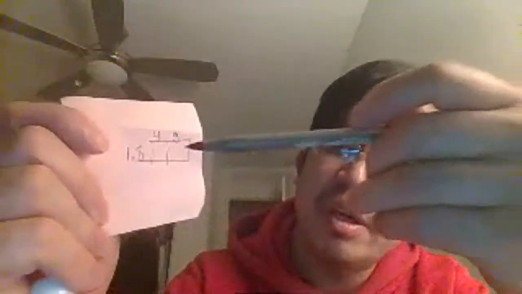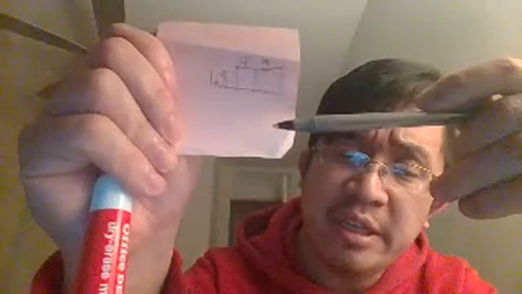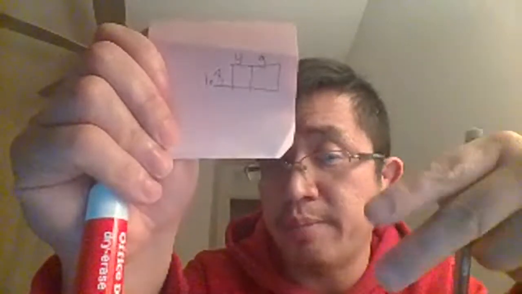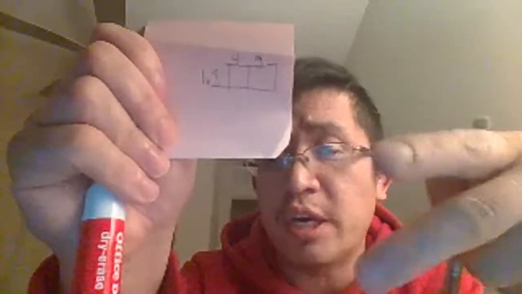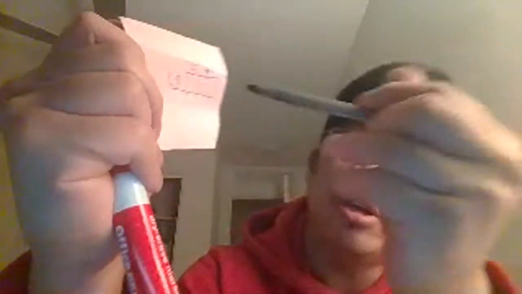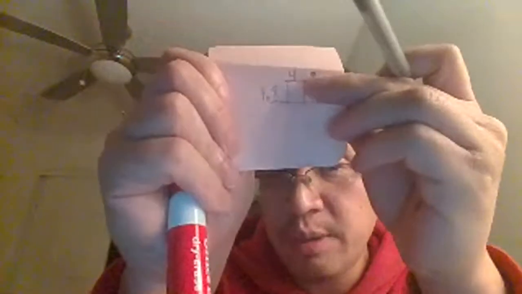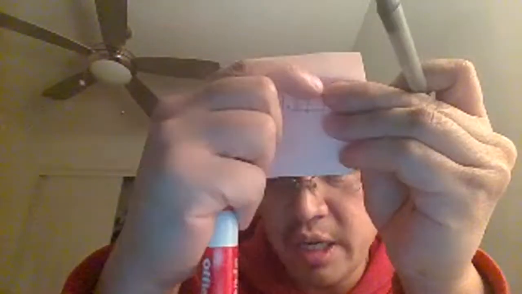So check this out. When we do these problems, the parentheses means we have to equally multiply them by the number outside. It's called distributing or sharing. So this 1.8 is being multiplied by 4 because I'm trying to find the area of this rectangle.